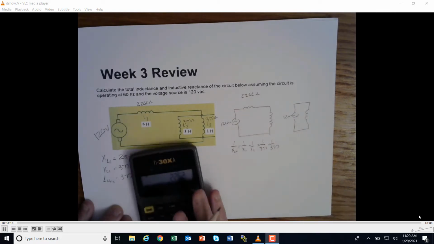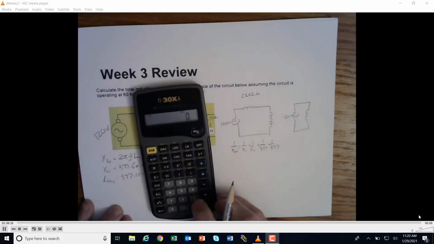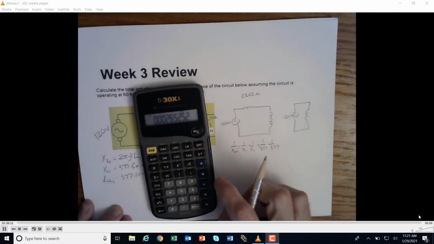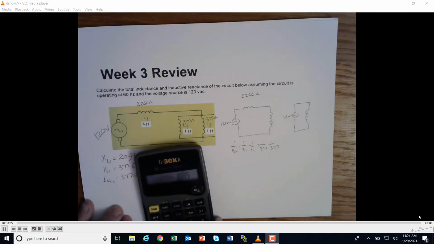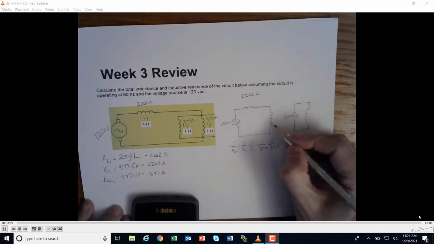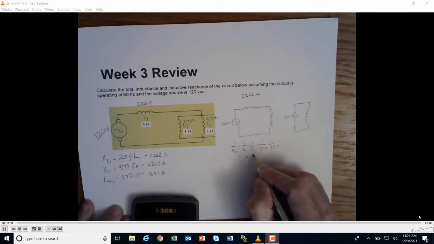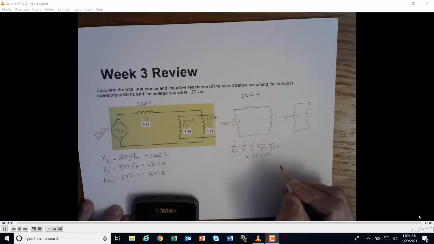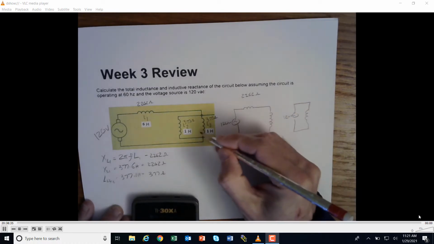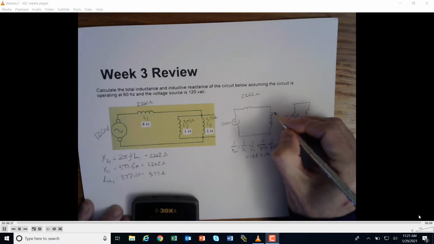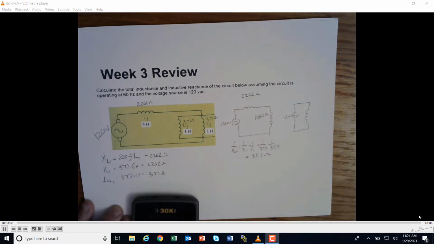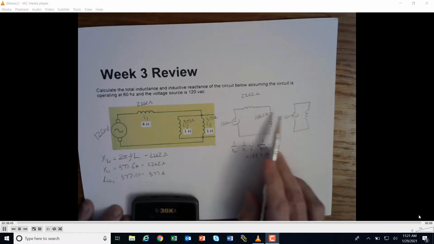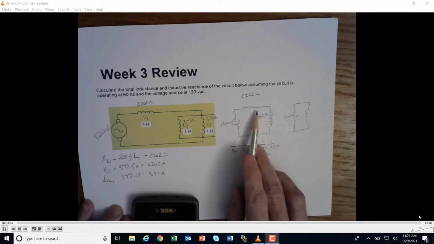So I get 188.5. That is the reduction of these two into this one right here, which gives me 188.5 ohms.